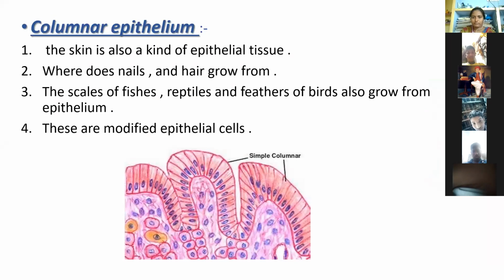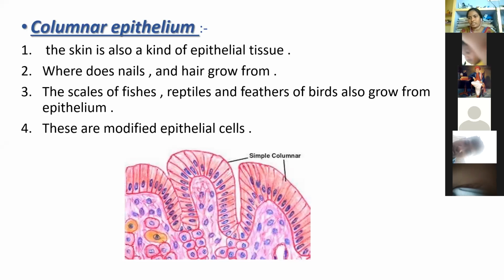Next, our skin is also a kind of epithelial tissue. Nails and hair grow from our skin.